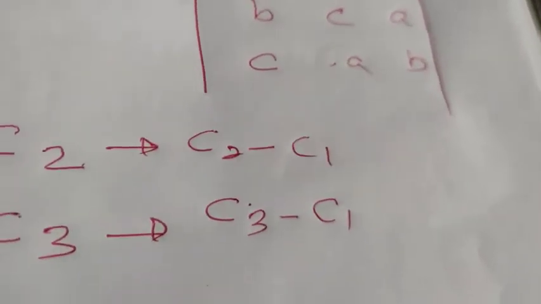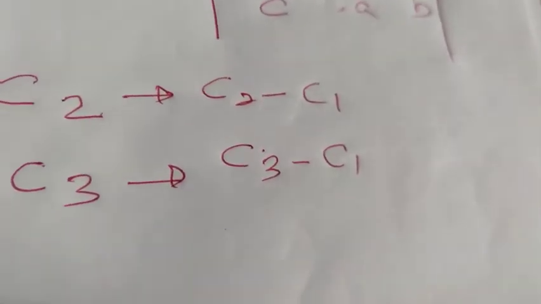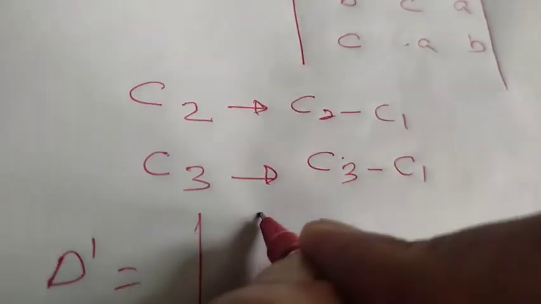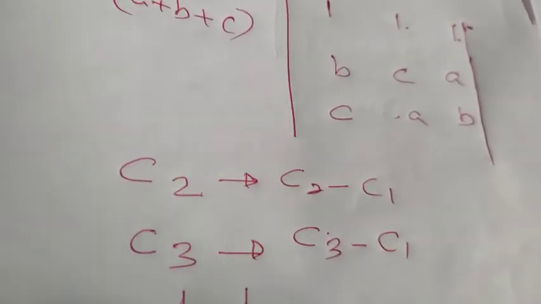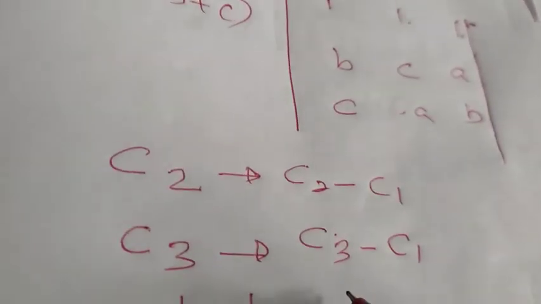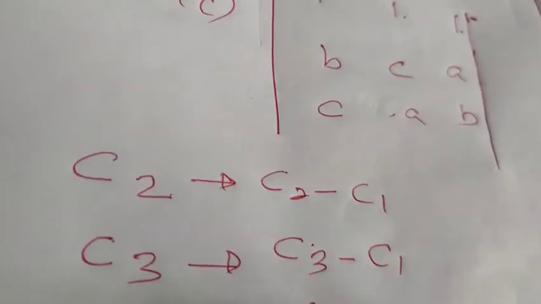So what we get is the value of the determinant delta dash equal to, now the first column will remain the same, 1, B, C. The second column will change to C2 minus C1. So 1 minus 1 is 0 here.